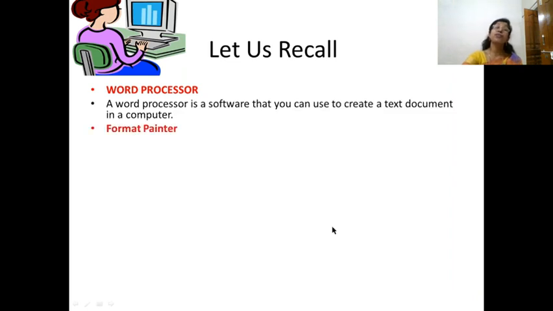Then we studied about Format Painter. Format Painter tool is used when we want to copy and apply the same formatting such as color, font, style and size to other sections of text and graphics.